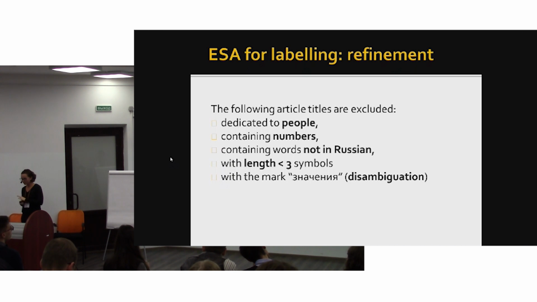Words not in Russian as well, because we work with Russian texts, and so it's not supposed that non-Russian text would be considered a label. And also very small articles, because there, for example, could be articles dedicated to alphabet letters and so on.